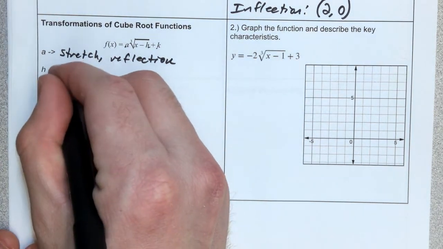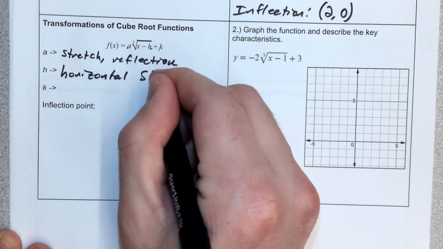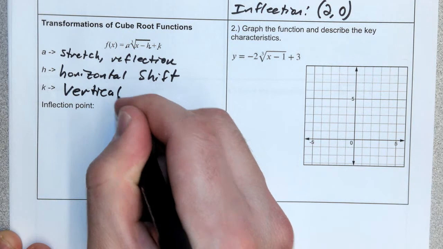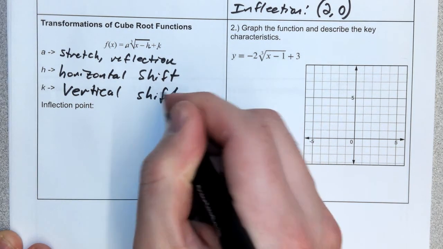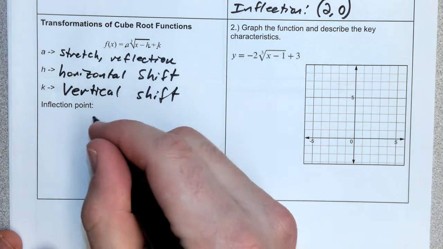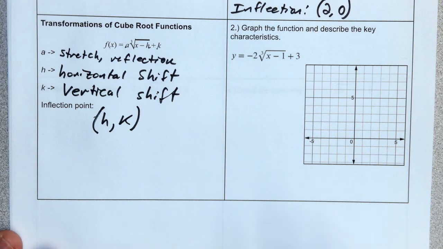H is going to be the horizontal shift. And k is going to be the vertical shift. The inflection point, that is going to be at h comma k. Find out h and k, you can get your inflection point.